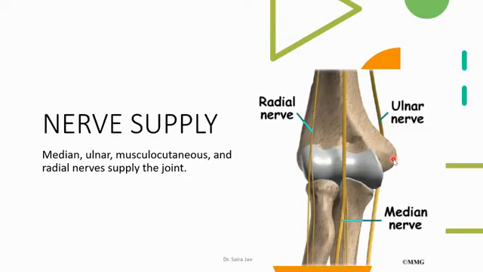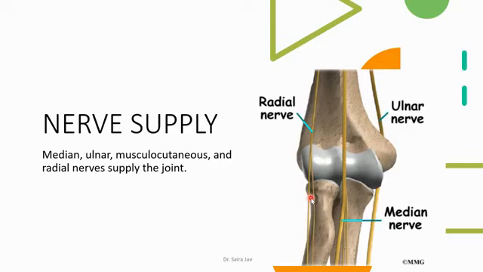The nerves which supply the elbow joint are the median nerve, here you can see the median nerve, and the ulnar nerve. Here you can see that the ulnar nerve is at the medial aspect and it is closely related to the medial collateral ligament. And the other nerve is the radial nerve.